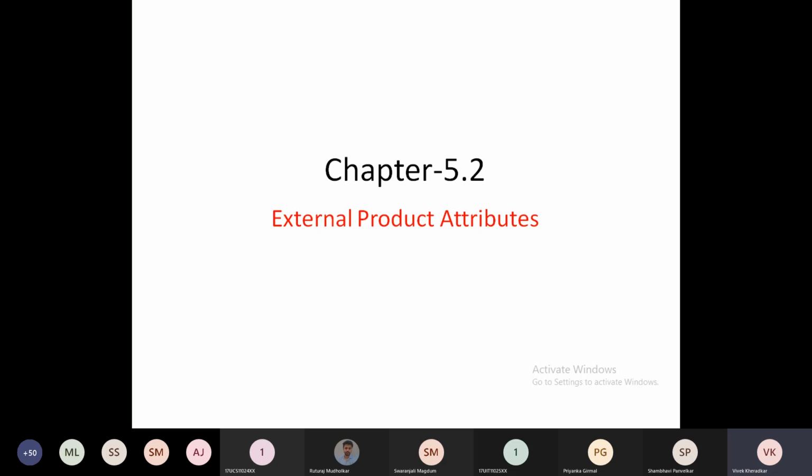As you are aware, every software product has internal attributes and external attributes. What are internal attributes? These are attributes which define the direct properties of your software product and which have a direct measurement. For example, the size, the length, and the complexity of your product.